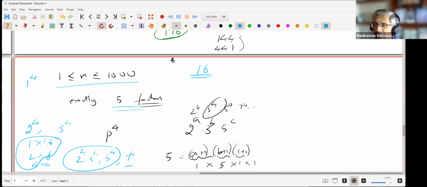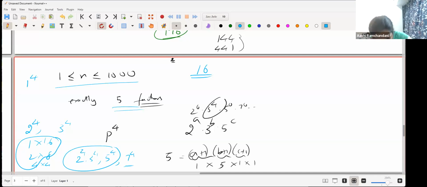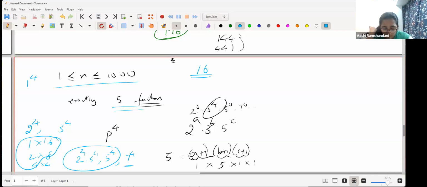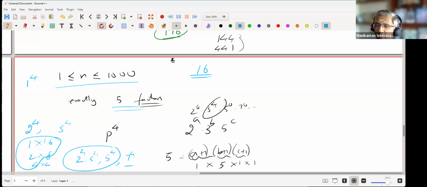Okay. Akshaj, which are the numbers which will have exactly 3 factors? So from 1 to 1,000. You just tell me the property of a number which has exactly 3 factors. Your voice is breaking up quite a bit. No, not Jan.